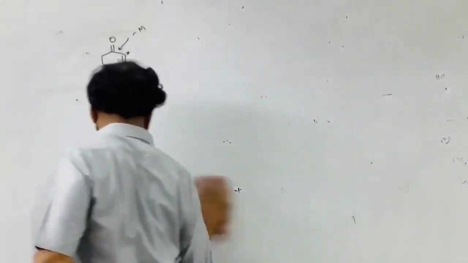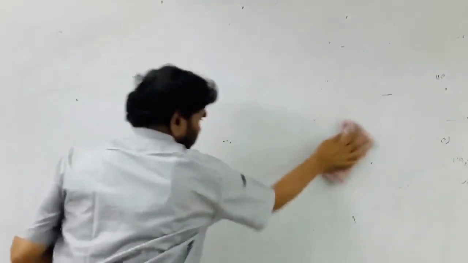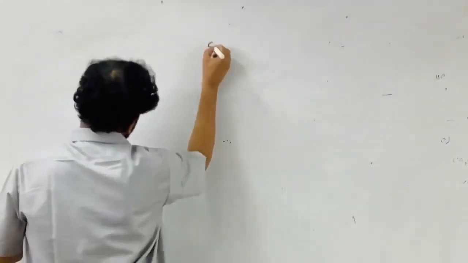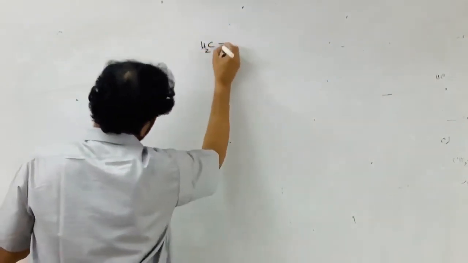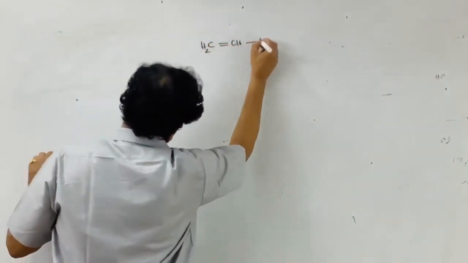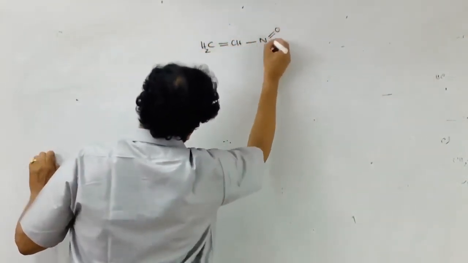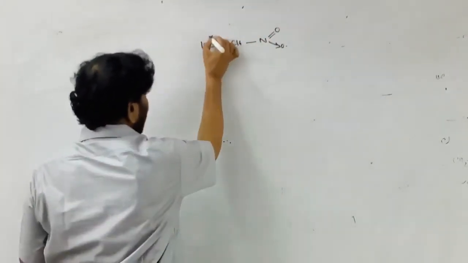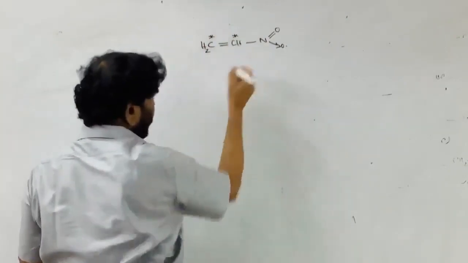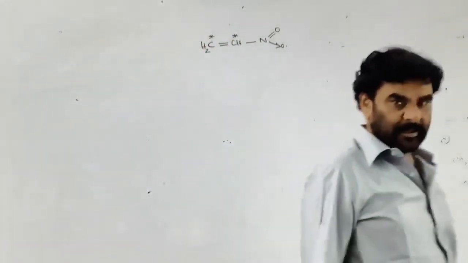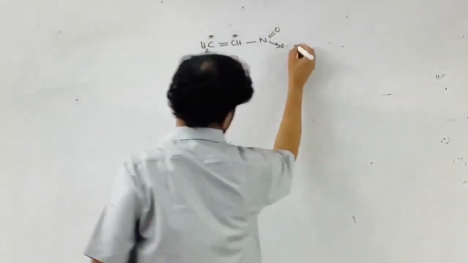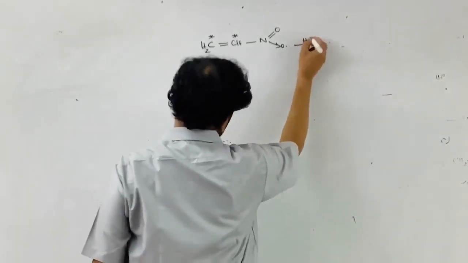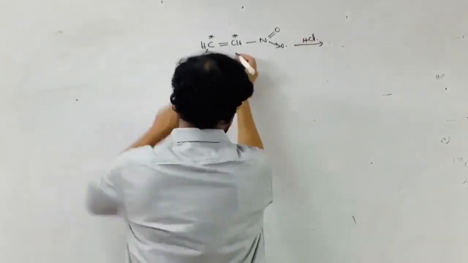Now let me take a simple example and write the reactions. This is ethylene. Now I am writing NO2, nitroethene. This is the center where addition takes place, an activated ethylenic compound, nitroethene. If you treat it with HCl, it is nucleophilic addition.